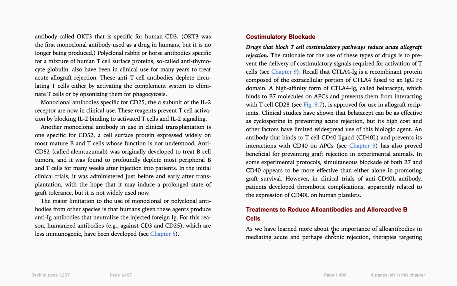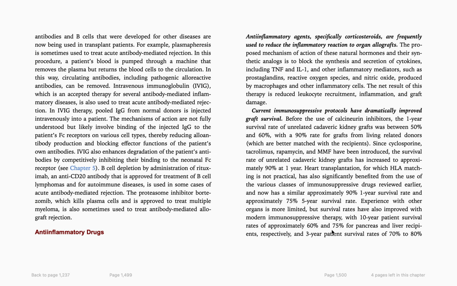Treatment to reduce alloantibodies and alloreactive B cells. As we have learned more about the importance of alloantibodies in mediating acute and perhaps chronic rejection, therapies targeting antibodies and B cells that were developed for other diseases are now being used in transplant patients.